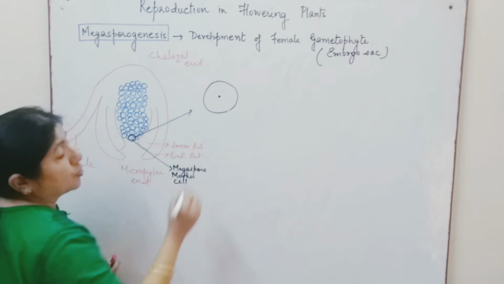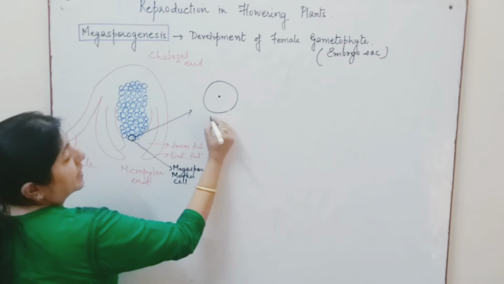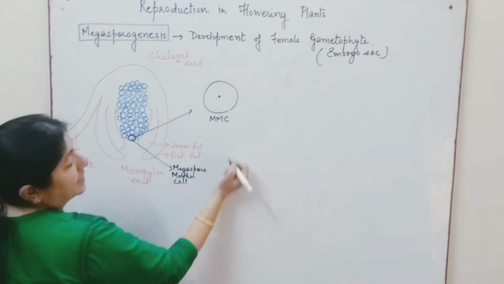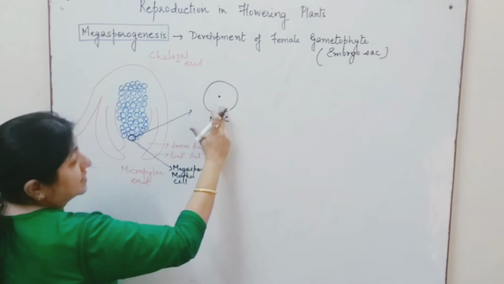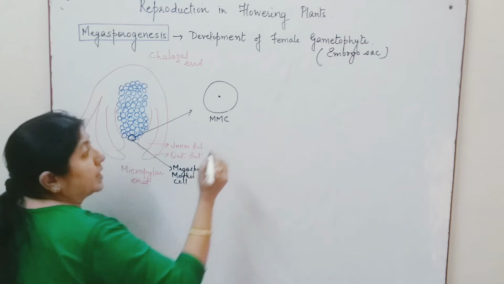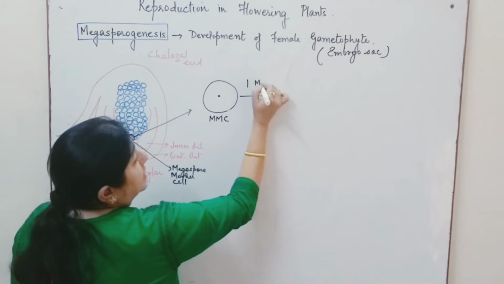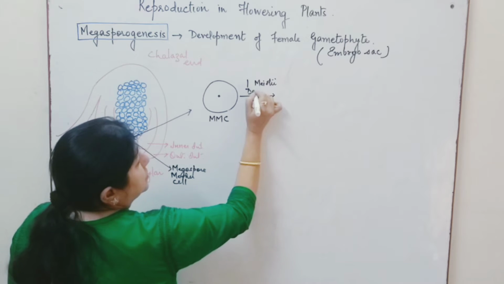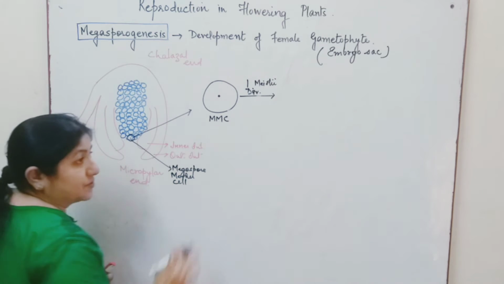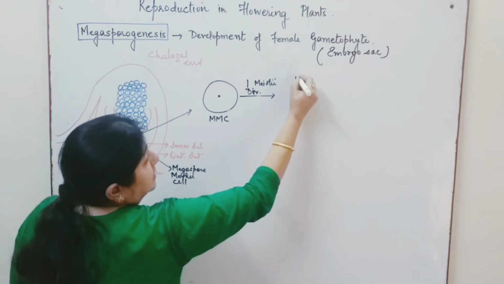This cell grows bigger in size, that is the MMC, and it is a diploid cell. This MMC will undergo one meiotic division, and as a result it will form a tetrad.